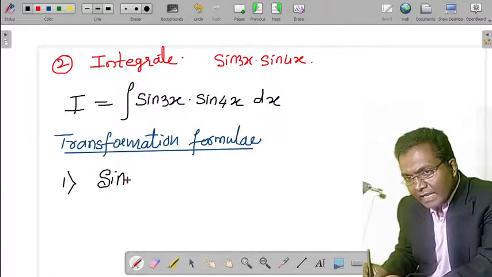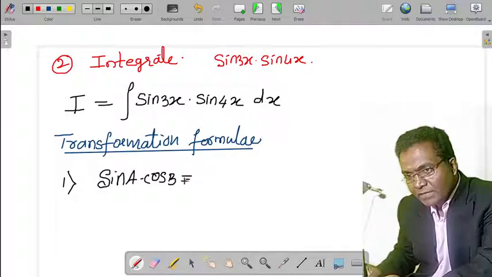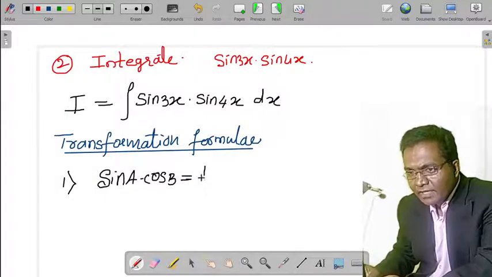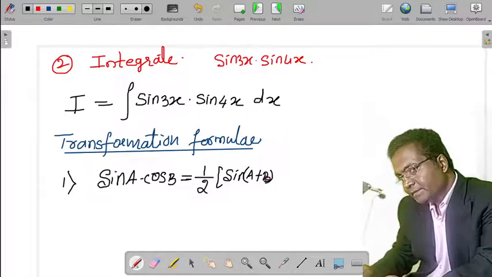Sine A cos B can be written as 1 by 2 of sine a plus b plus sine a minus b.